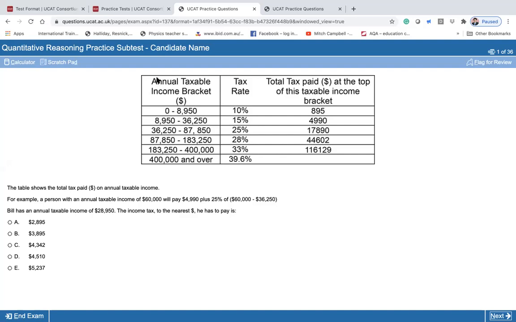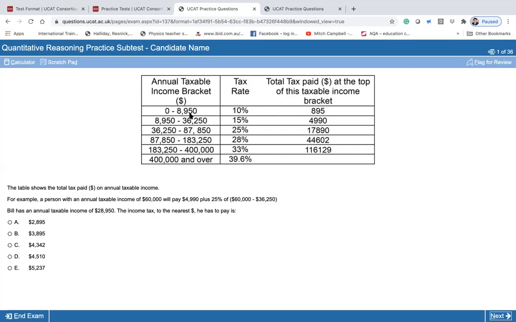So look at this tax bracket. You have the annual taxable income bracket, and this is the tax rate. So how do you work out these questions? Imagine if you have an income of $8,950, you pay 10% income tax, which comes out to be $895.